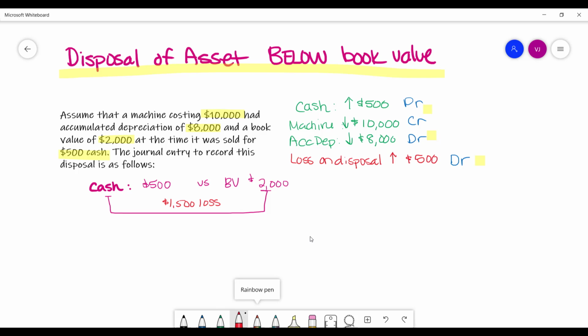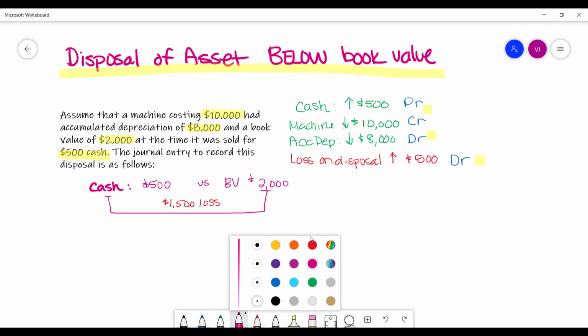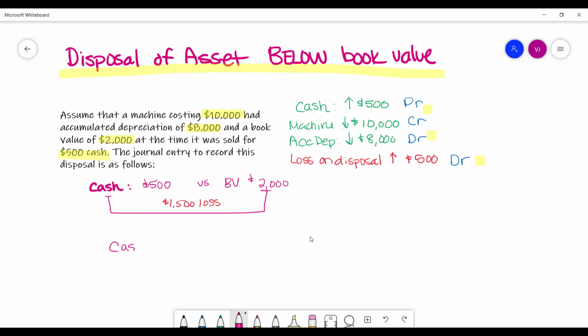So we're going to debit cash for $500, and we will debit accumulated depreciation for $8,000, and then we'll also debit this loss on disposal of plant assets.